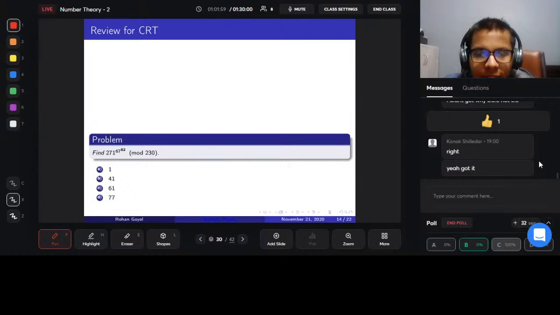So try to break 230 into smaller factors.